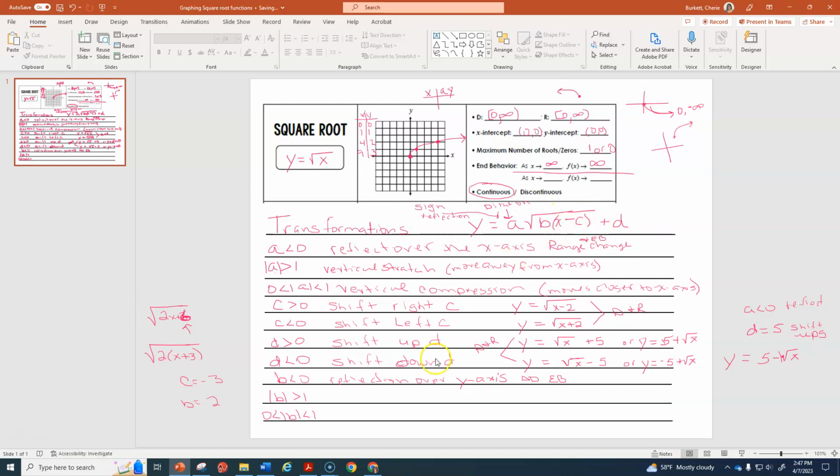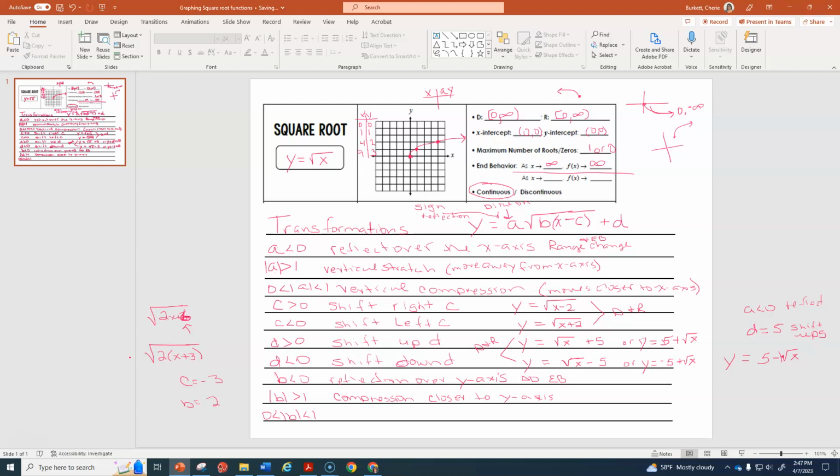So B is going to behave the opposite of what we see. When B is bigger, it's actually going to cause a horizontal compression. What that means is it's going to get closer to the y-axis. And moving it closer to the y-axis actually makes it look like it's getting taller, but it's not. We're compressing it, moving closer to the y-axis.